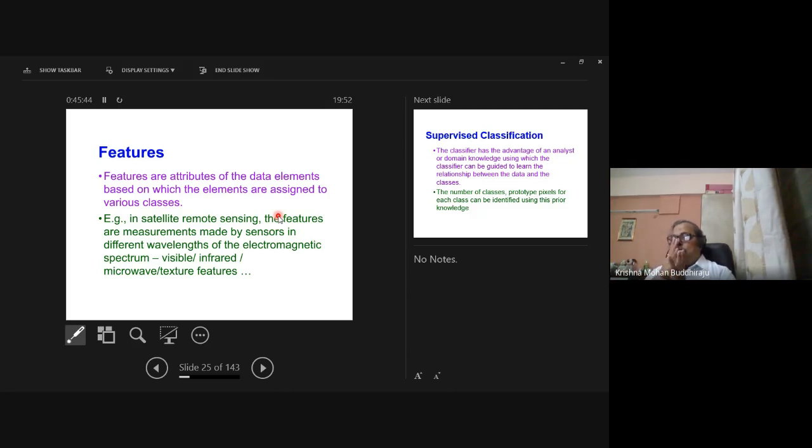Features are attributes or descriptors, and so they define the dimensionality of the problem space for mathematical and machine learning purposes.